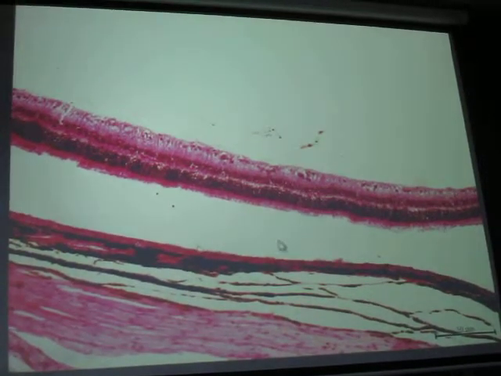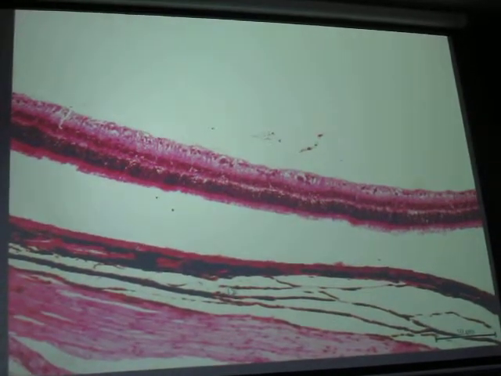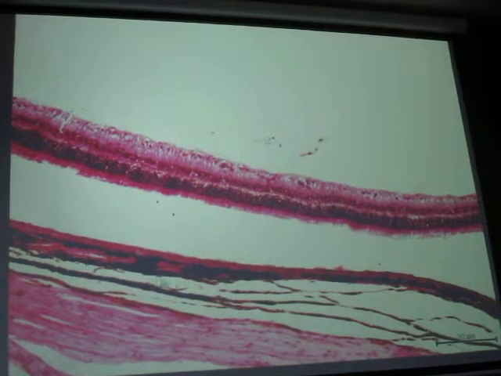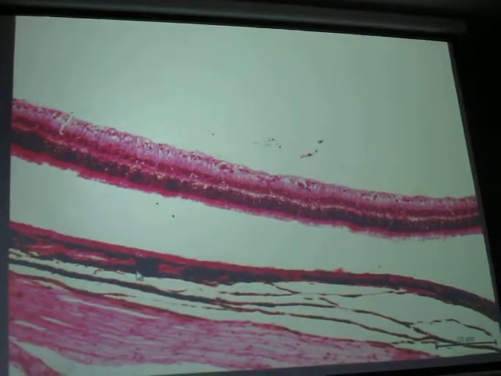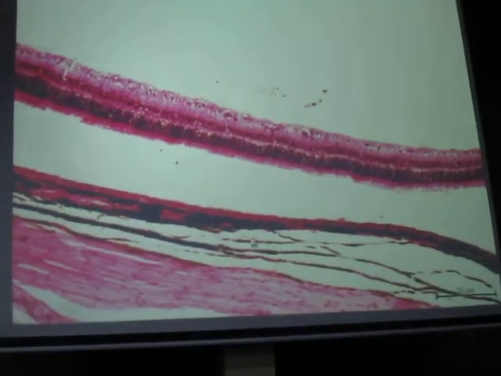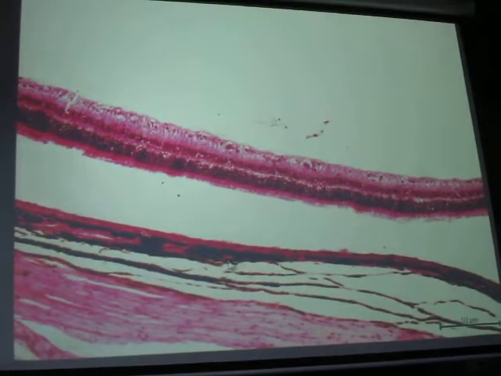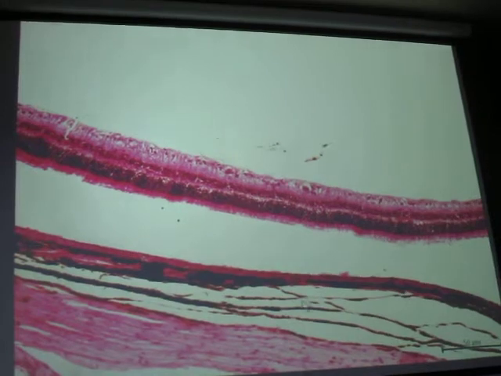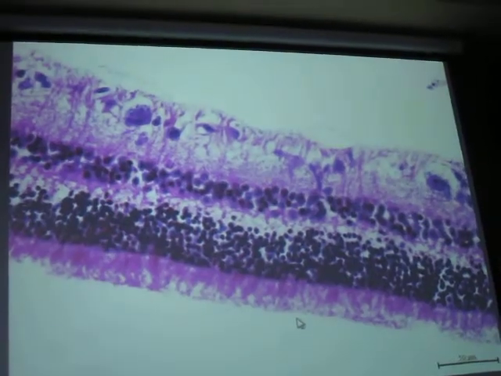It is very vascular and it contains melanin. That's why you have very dark pigmented areas on this choroid layer.